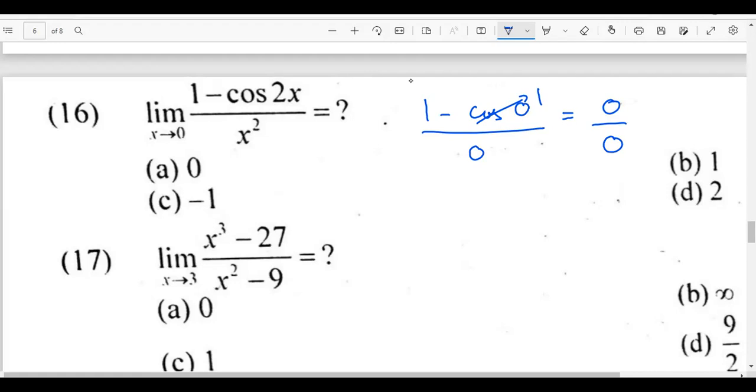Okay, let me do it as well. So that will become sine. So that would become sine. Okay, sorry, 2 sin 2x by 2x.